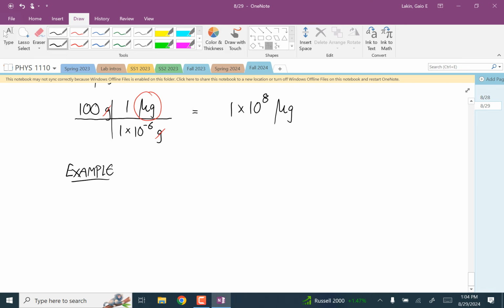So the question is, convert 5 microseconds to milliseconds. So I'm going to go microseconds to seconds to milliseconds.